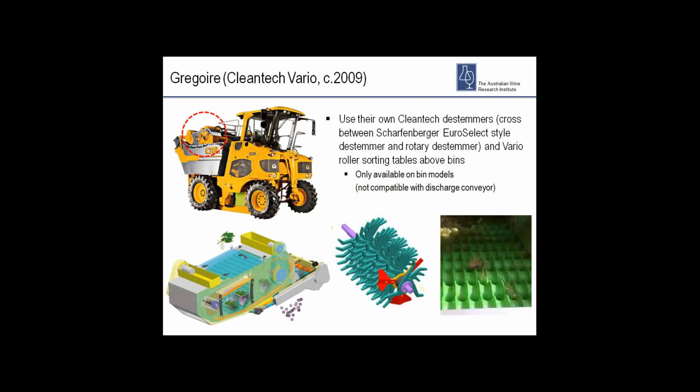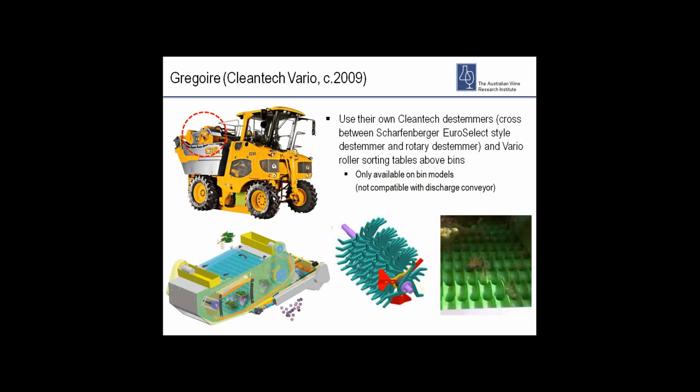Shortly after Pellenc, Gregoire released their onboard destemming and sorting system. They call it their CleanTech destemmer, and from what I can make out, it's really a cross between the destemmer used on the Braud harvesters and a traditional rotary destemmer. There's a little image on the bottom left here that shows the whole destemming and sorting system, but basically it consists of a grid conveyor loop with a single finger wheel that spins inside it at one end.